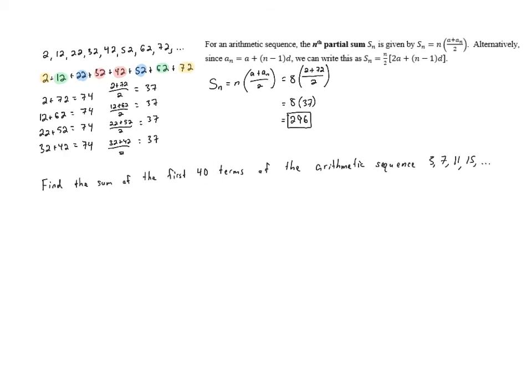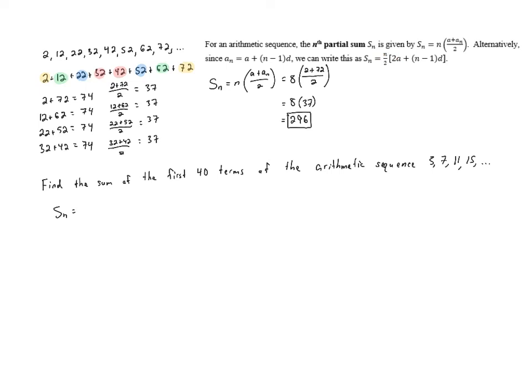So we're looking for S sub n here. And we actually have two formulas we could use. If we look back up here, we've got n times a plus a sub n over 2. And then we also have this other formula in terms of n, a, and d.